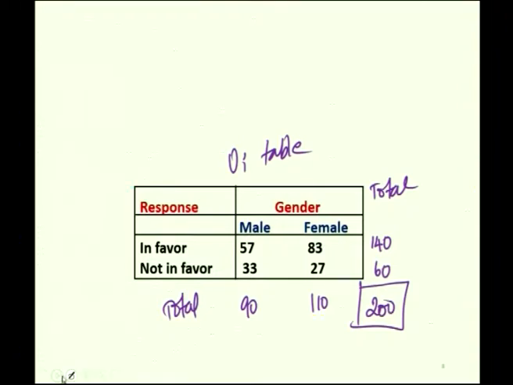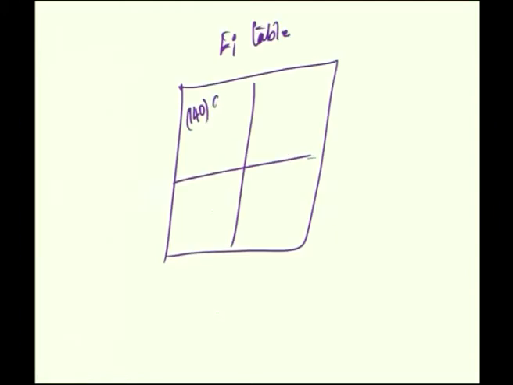Now, with this we shall form the EI table. What is the expected frequency corresponding to 57? It is 140 into 90 divided by 200, isn't it? Similarly, corresponding to this cell, the expected frequency is 140 into 110 divided by 200.